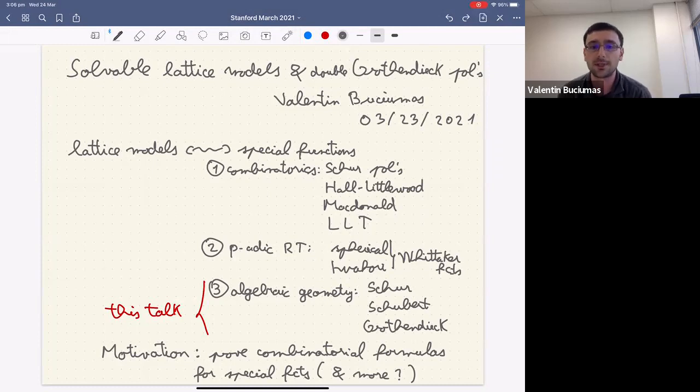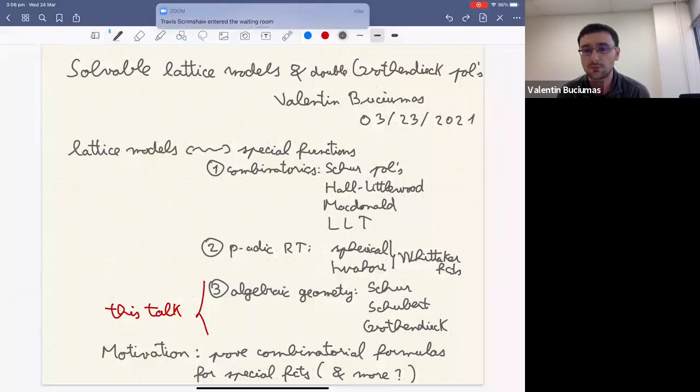And this is the p-adic representation theory side. And one may also study special functions that are motivated by certain topics in algebraic geometry. And this is what we'll talk about today. And the focus will be on Schur polynomials, Schubert polynomials, and Grothendieck polynomials.